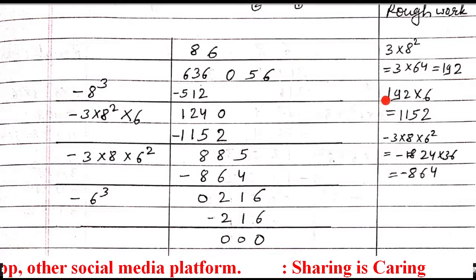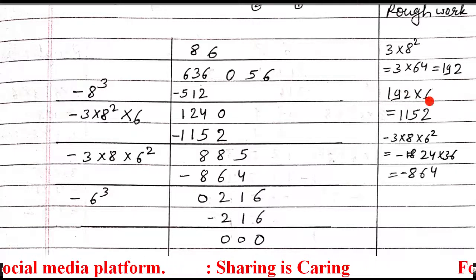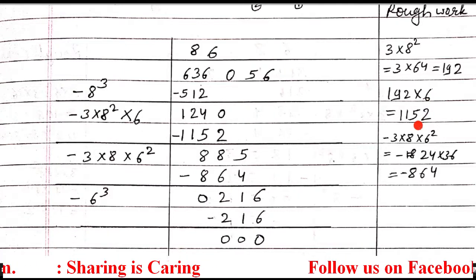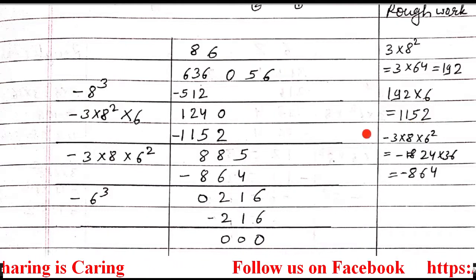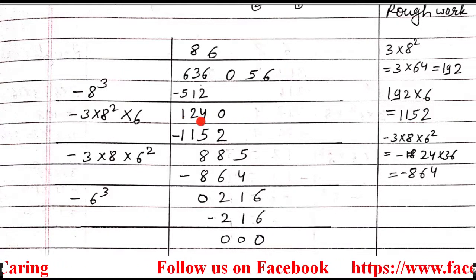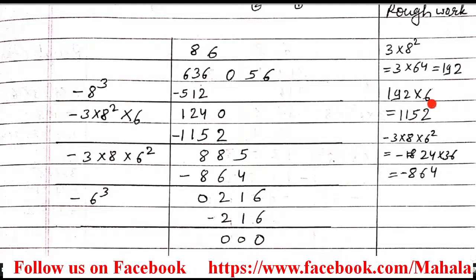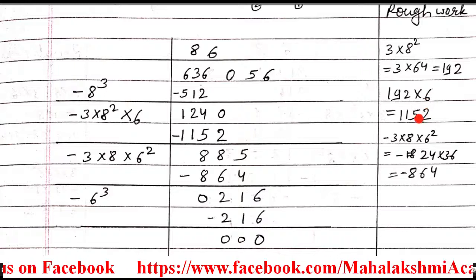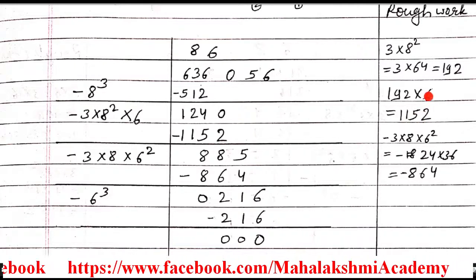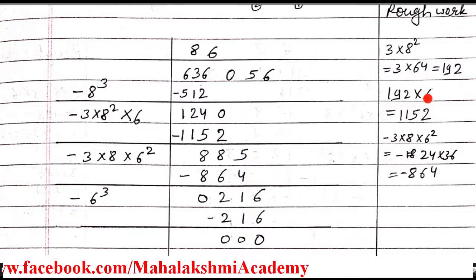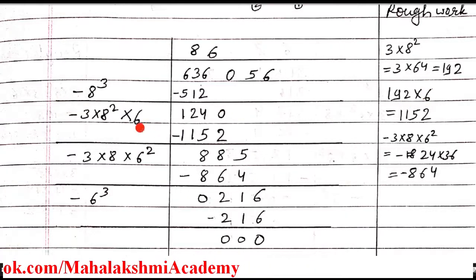Now 192 you have to multiply by a number so that whatever the product is, it should be less than 1240. So just do it in rough. When we multiply by 6, we will get this, and if we multiply by 7, it is going to be more than this. That's why we selected 6. So I hope it's clear why we selected 6 here.